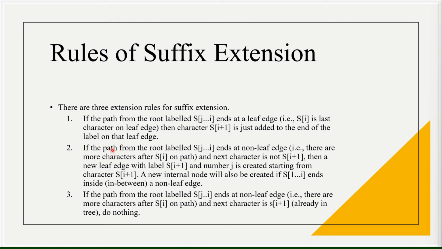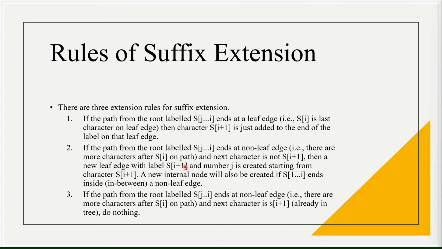The second rule is, if the path from the root labeled j to i ends at a non-leaf edge and the next character is not s of i plus 1, then a new leaf edge with label s of i plus 1 and number j is created starting from character s of i plus 1. A new internal node will also be created if the path ends inside a non-leaf edge.